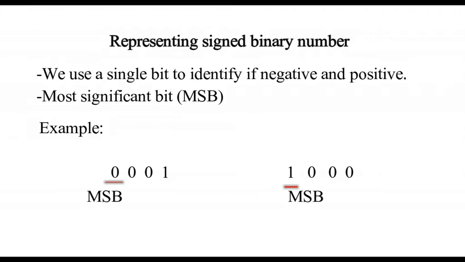So basically, let's define what MSB is. MSB is the bit in a multiple bit binary number with the largest value, I think. So here in our first example, 0 is the MSB, so it means that it has the largest value. Second example, 1 here is also the largest.